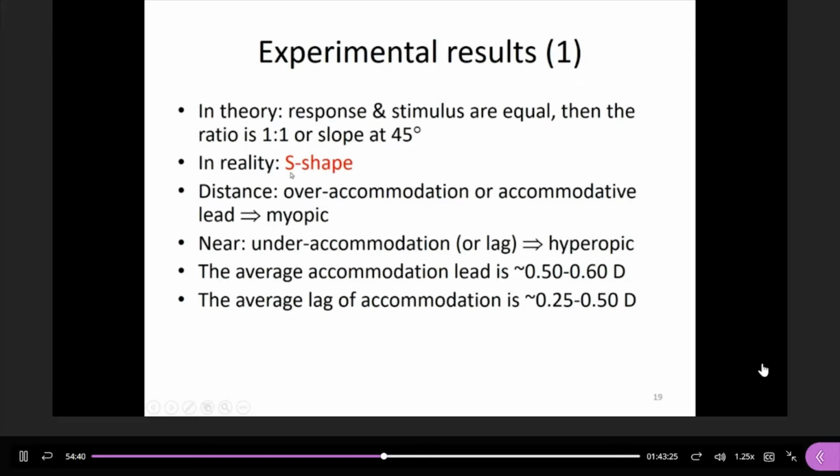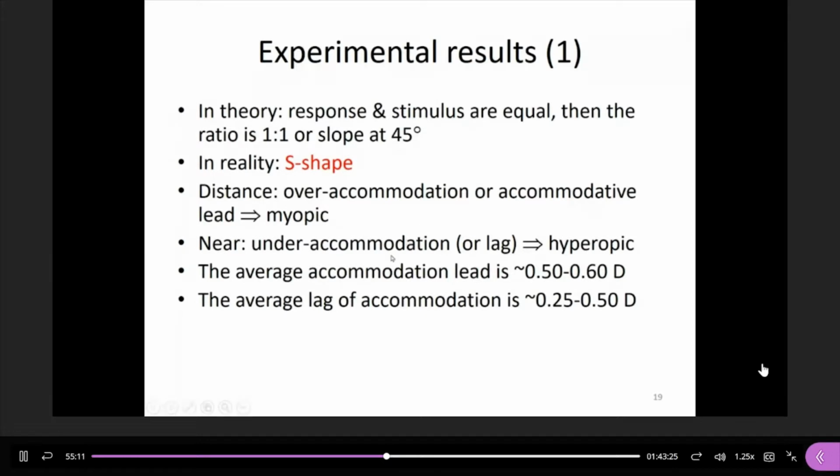Instead, we have an S-shaped curve. At distance, we have over accommodation or accommodation lead, causing the eye to be more myopic, because when you accommodate more than needed, the total power of the eye exceeds your distant prescription, making the eye more myopic at distance.